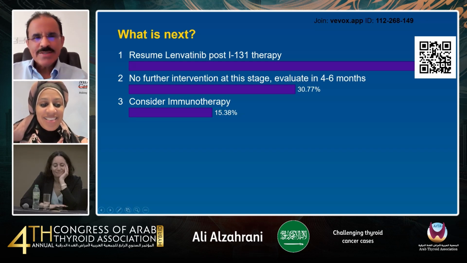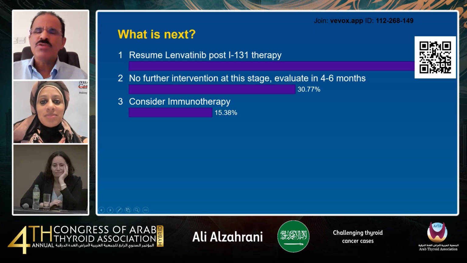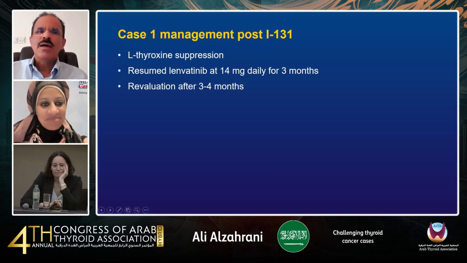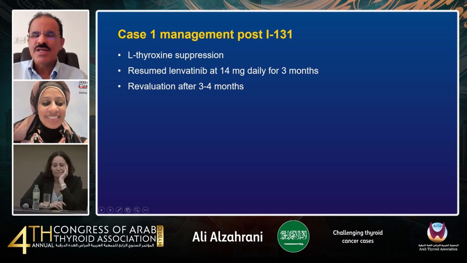Sure. So what I did, again, realizing that she has an aggressive disease, I wanted to make sure that she is safe until I evaluate her. So I put her back on lenvatinib and thyroxine, and I'm going to see her in 3 months for evaluation. Of course, we are seeing her in between. It's not a 3-month appointment.